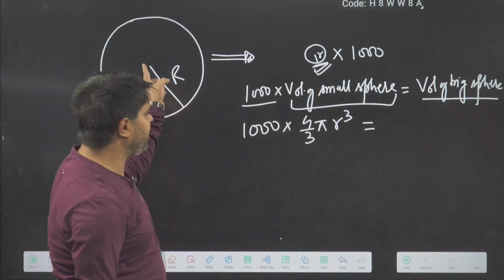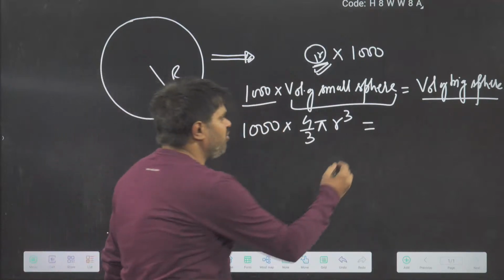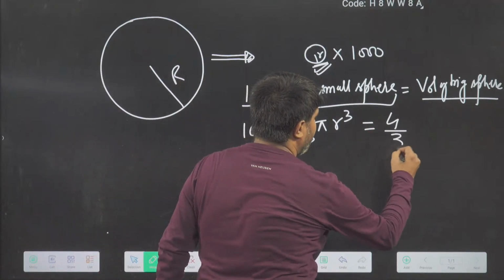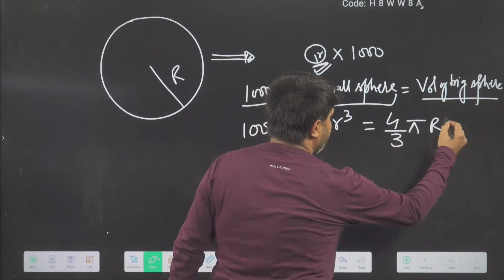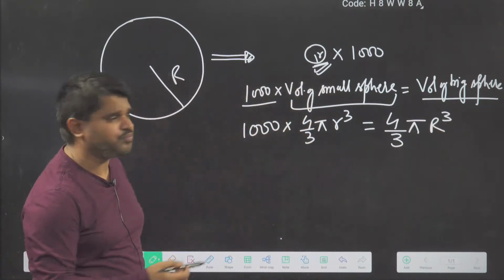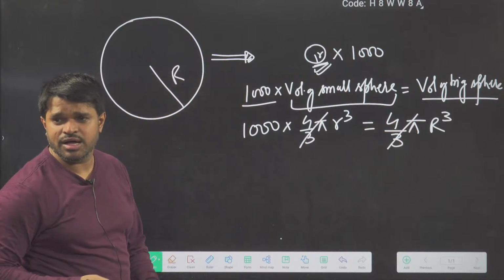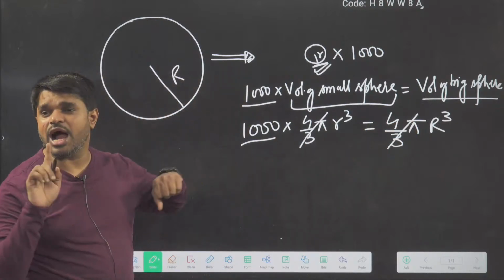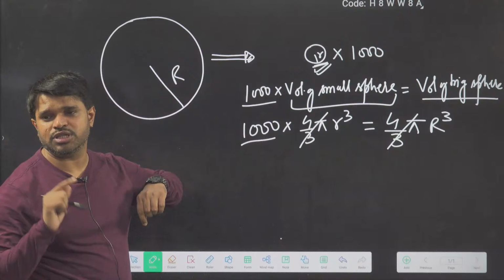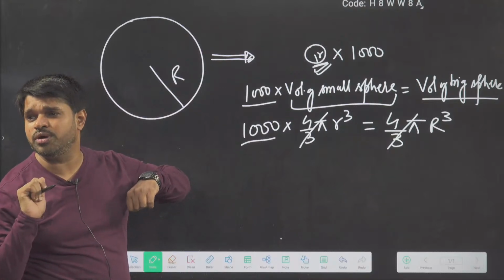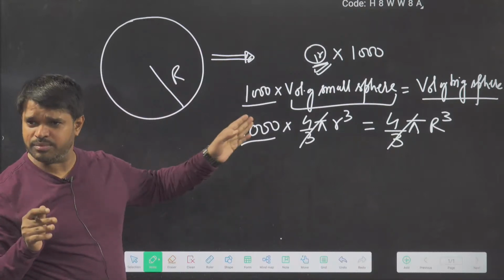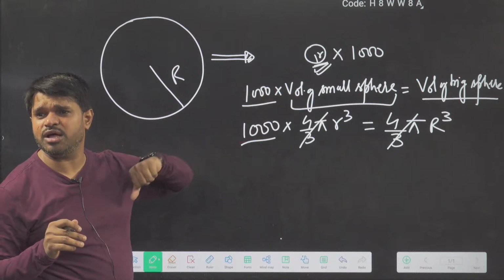For the big sphere the radius is what? Capital R. So I will write 4 by 3 pi capital R cube. Now 4 by 3 pi gets cancelled. 1,000 is 10 cube.